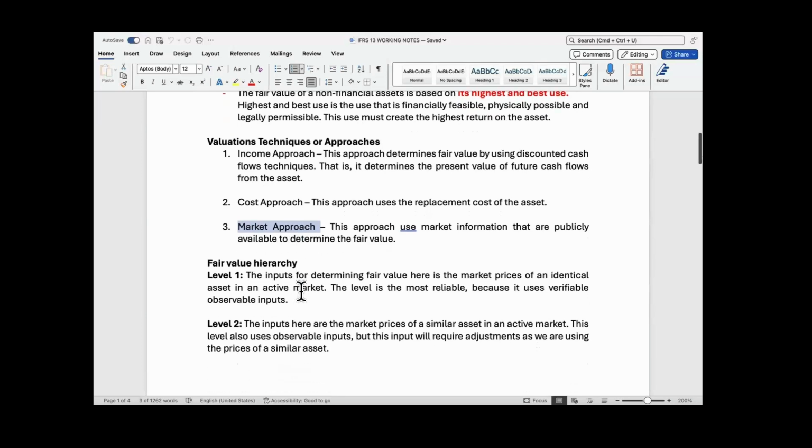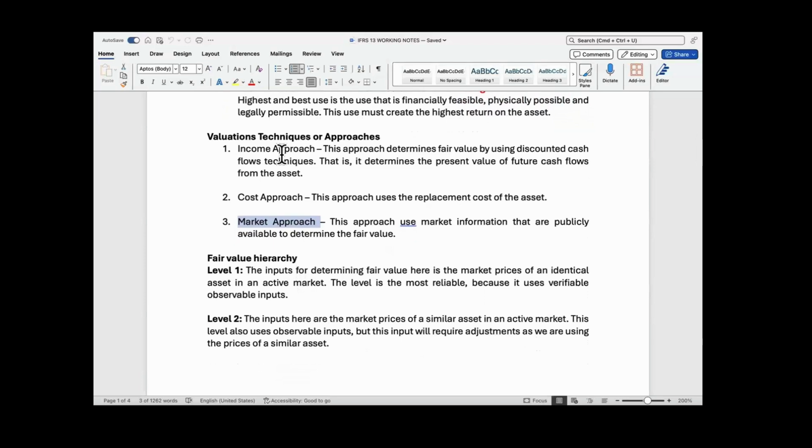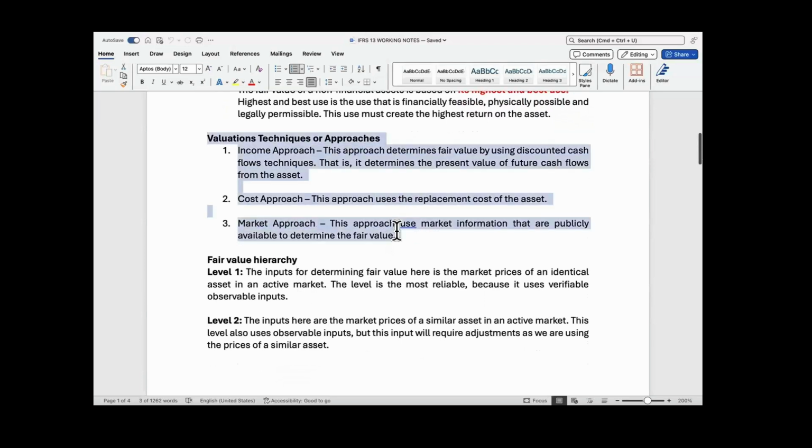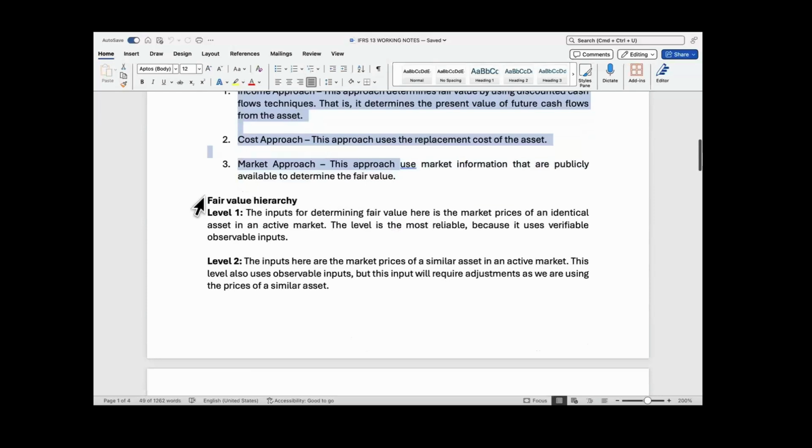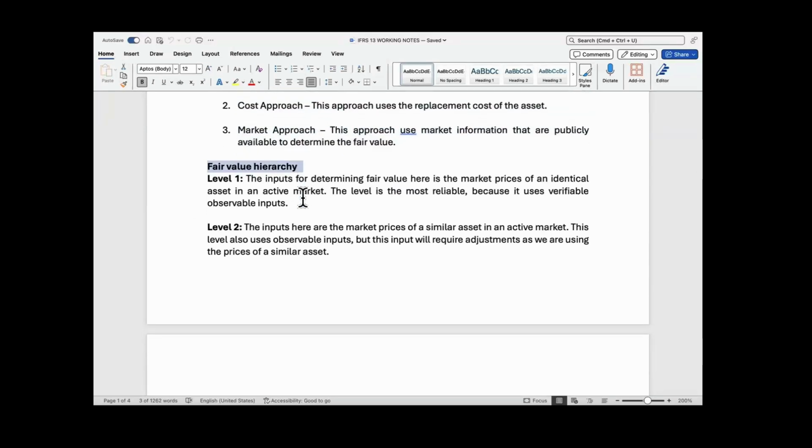However, the standard clearly explains which of these approaches is the best by looking at the fair value hierarchy. This is also a very important part of the standard. So this fair value hierarchy is indirectly telling us that out of those three approaches we mentioned, there are some that we really don't encourage.